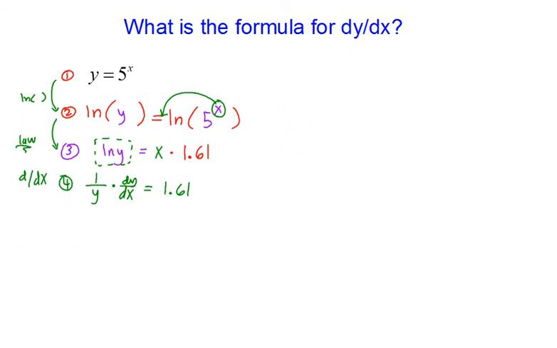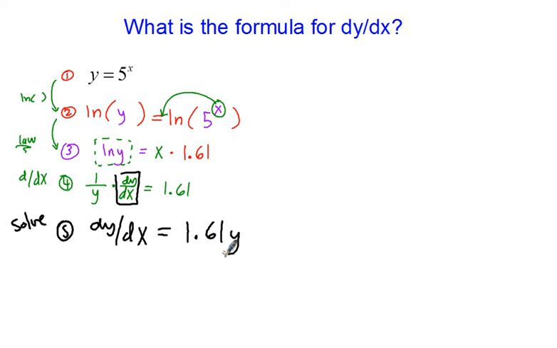Okay, let me shrink that down so I can finish my work on one screen for you. All right, and as we proceed, we just want to solve for this quantity. So we'll multiply both sides by y, and we get 1.61 times y. And that's the derivative formula for y equals 5 to the x. Okay, we can of course do one more step as usual, which is to write the formula in terms of x.